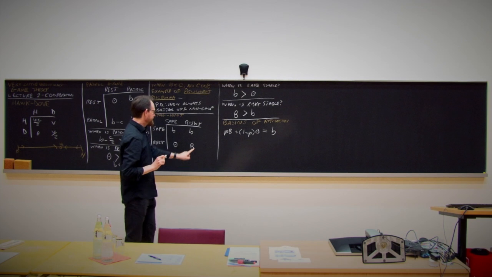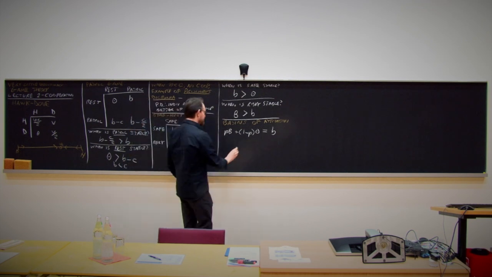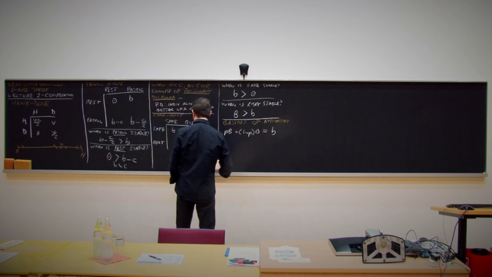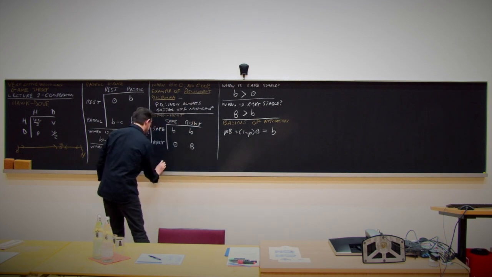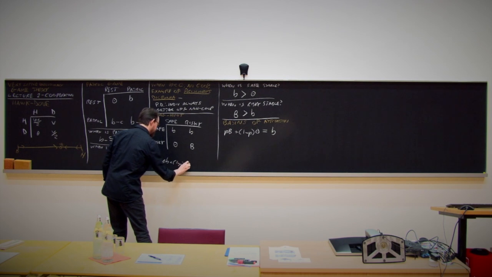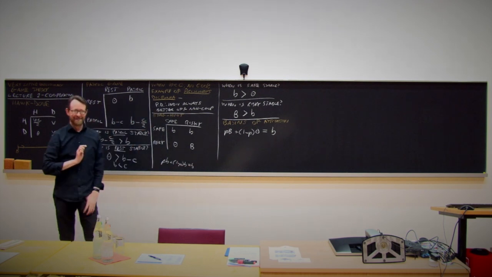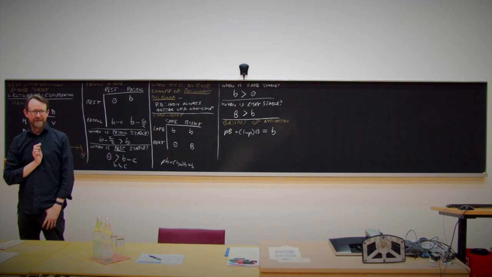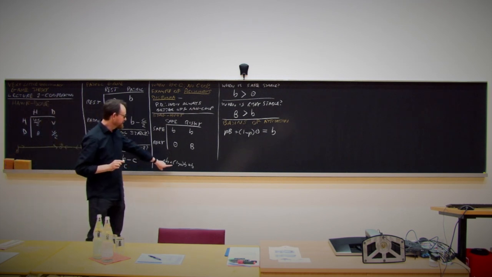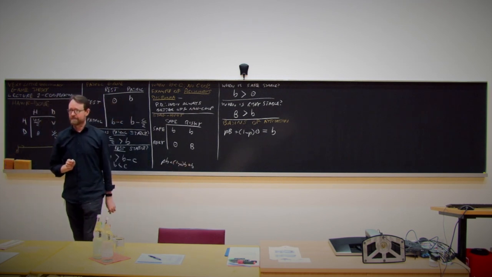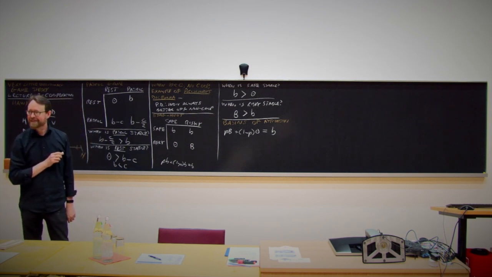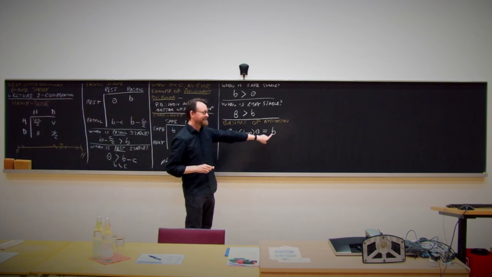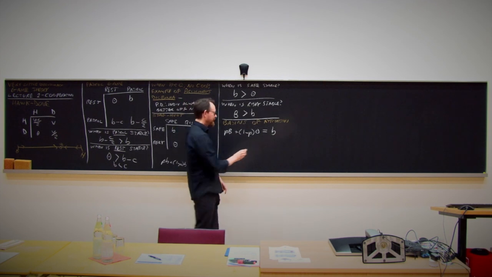Because if you have Pb plus (1 minus P)b, that equals b. At the time you get b, the rest of the time you get b. You're getting b. That's all that's going to happen here. So we could just jump to this. So there it is.